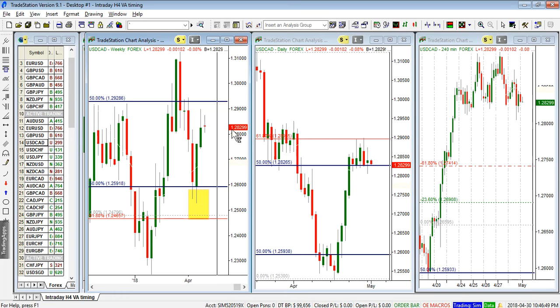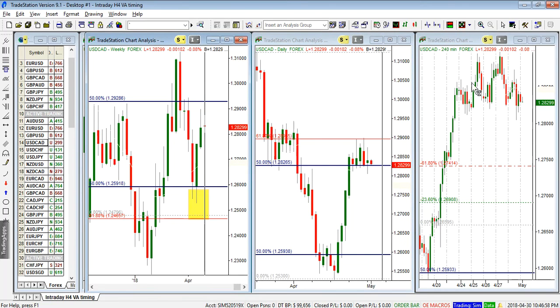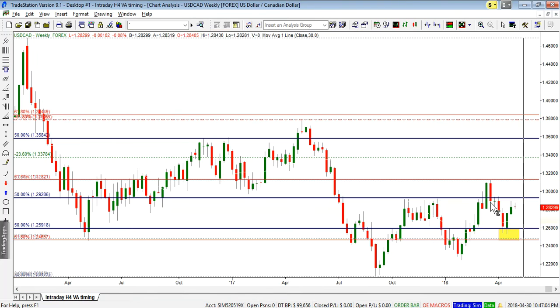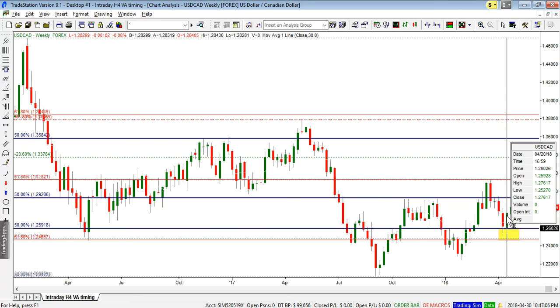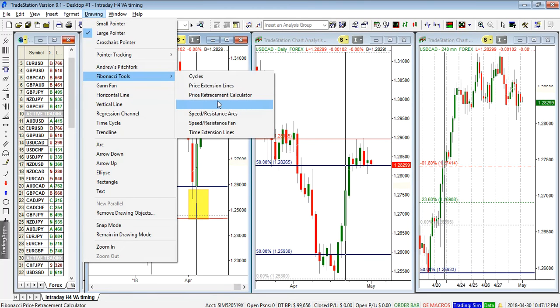So let's look at the US dollar Canadian dollar here. You remember that I considered this pierced. This market is actually forming a kind of a rounded top here, and we know that the sellers are in this market, buyers came in here at the beginning of April, but there is still the potential for this market to continue lower.